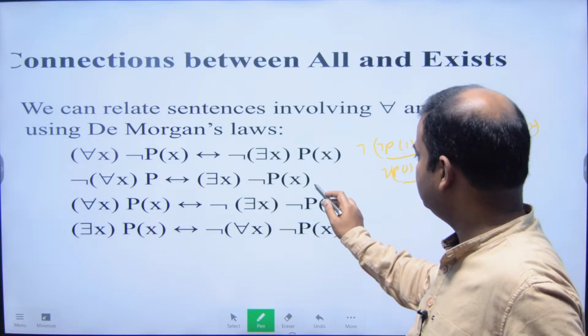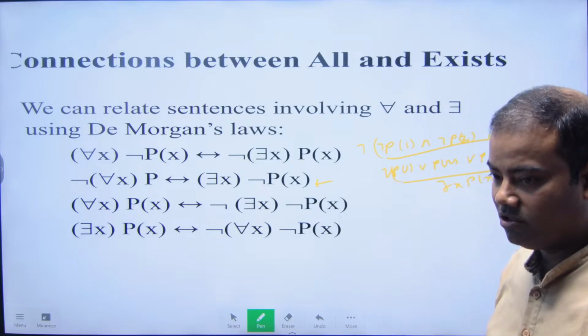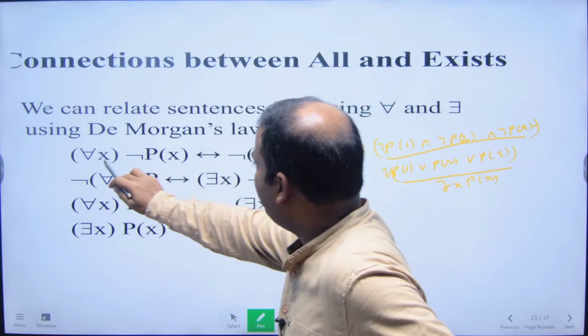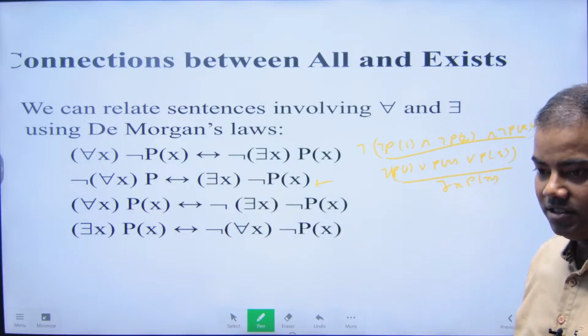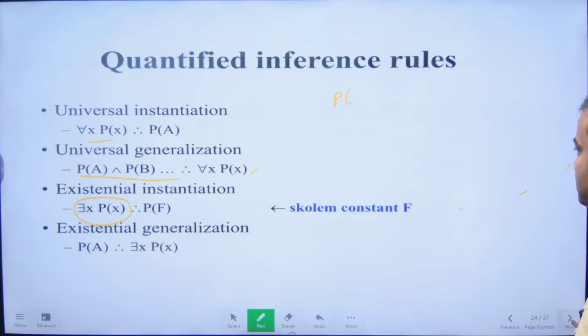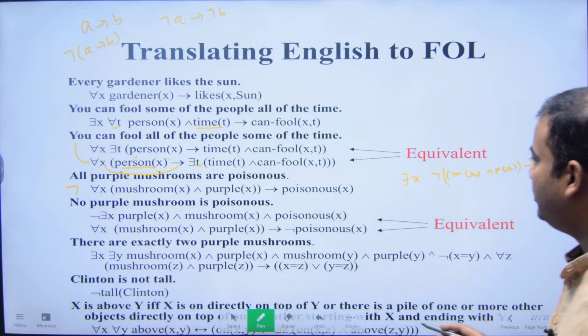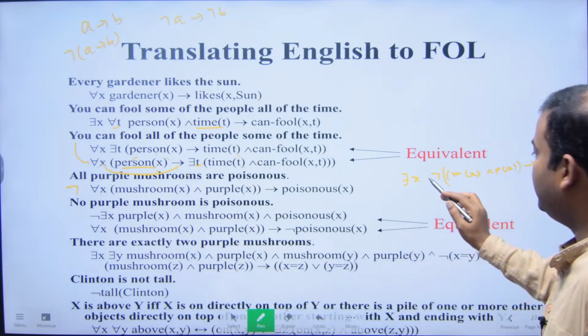This is De Morgan's law. Like the negation of there exists is for all x. Is it clear? So the negation of for all x is there exists x.